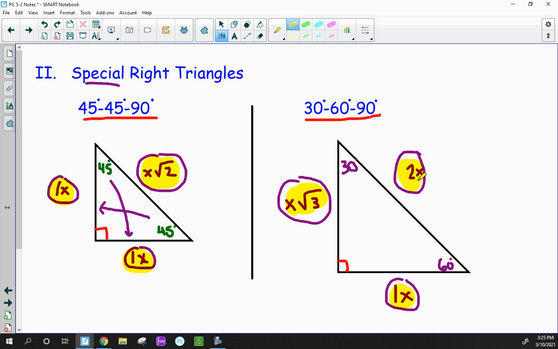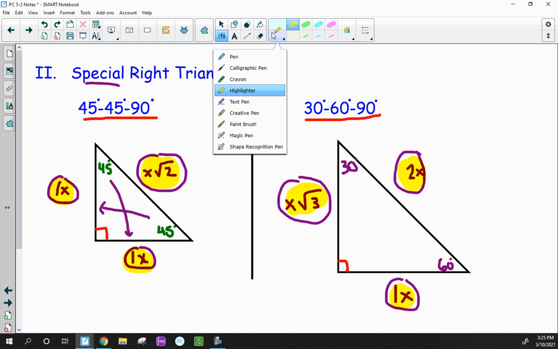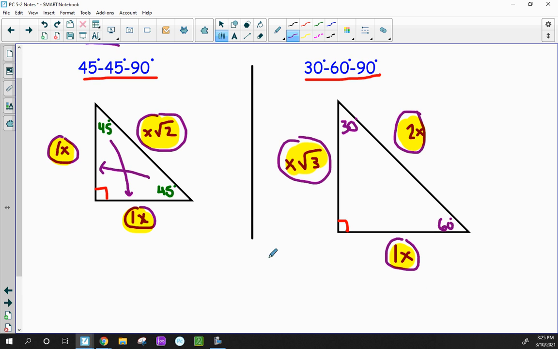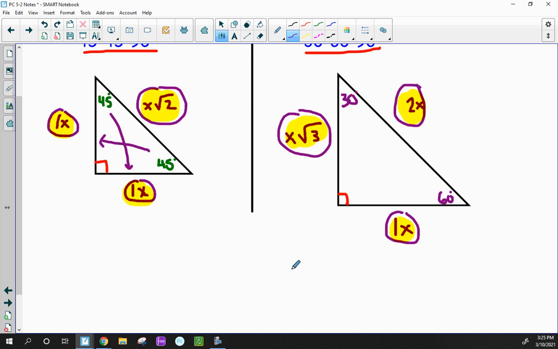Every time I do a problem that's a special right triangle, I always label and fill in my special pattern ratios, so that way it kind of guides me as to how to find x.